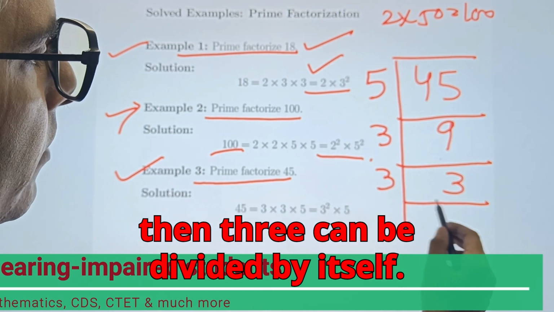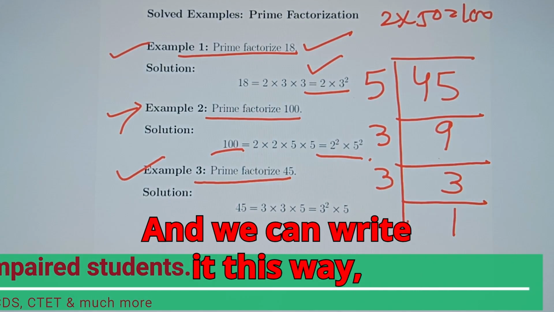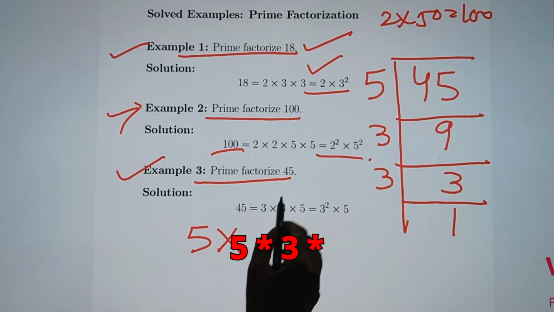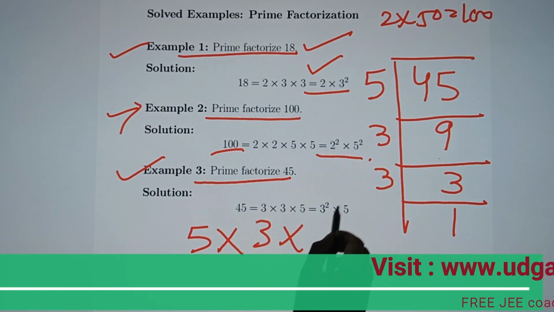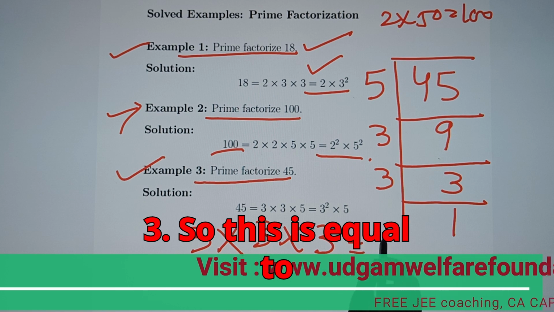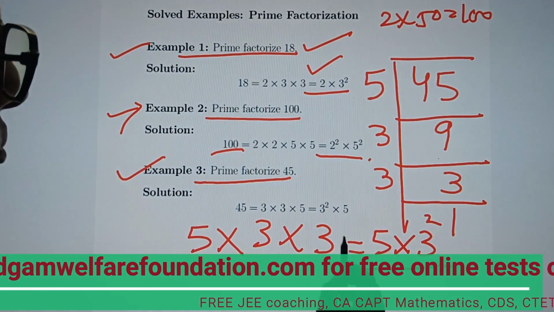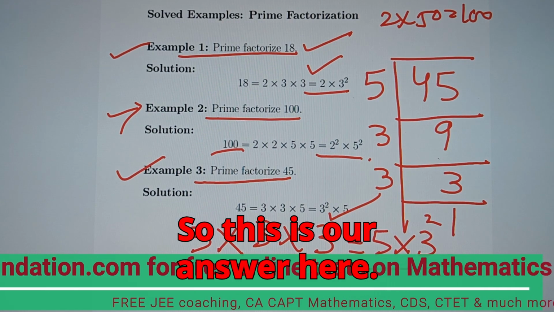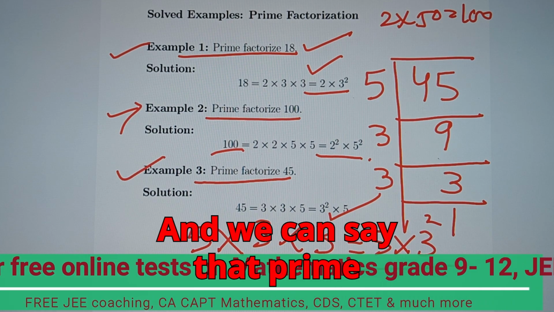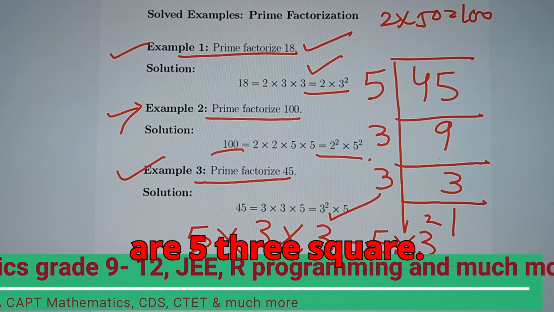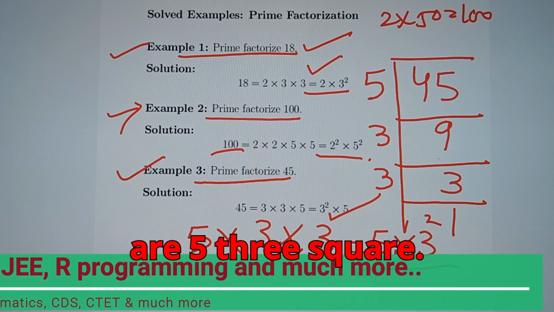Then 3 can be divided by itself, and we can write it this way. 5 multiplied by 3 multiplied by 3. So this is equal to 5 into 3 square. So this is our answer here, and we can say that prime factors of 45 are 5 into 3 square.